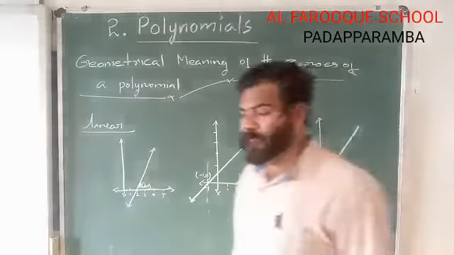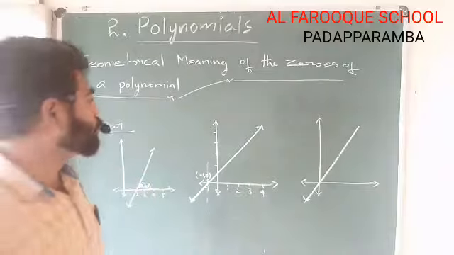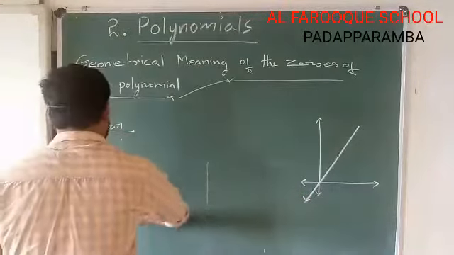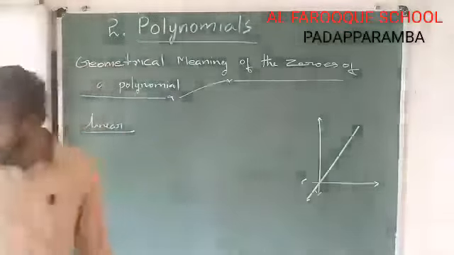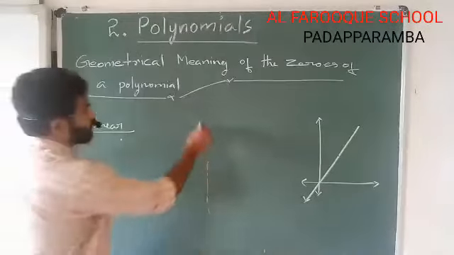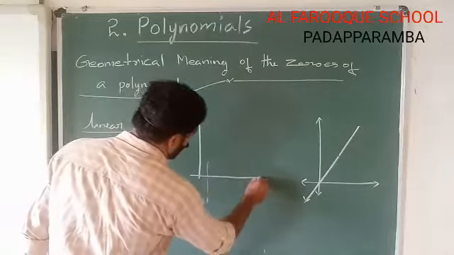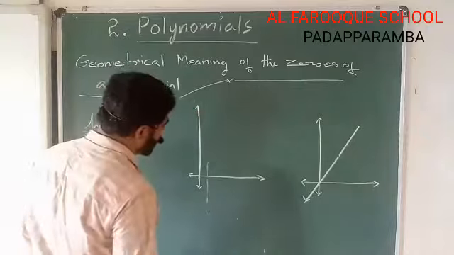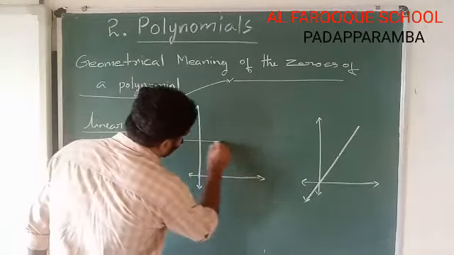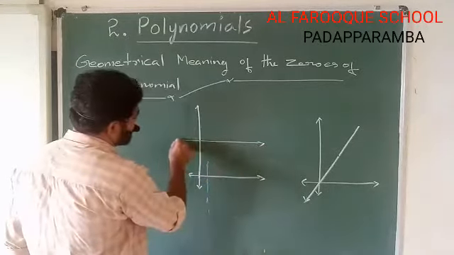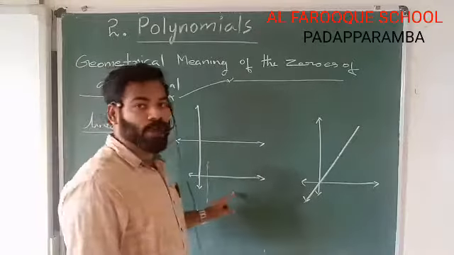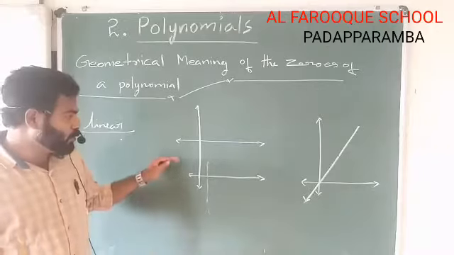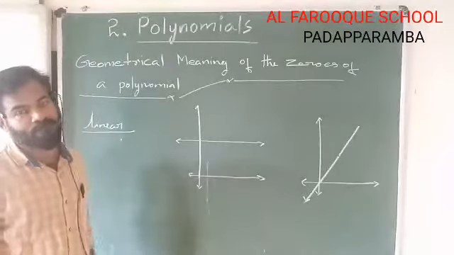Okay, now consider another situation. A graph, and here the line graph is passing exactly parallel to the x-axis. What about the zero of this line graph?